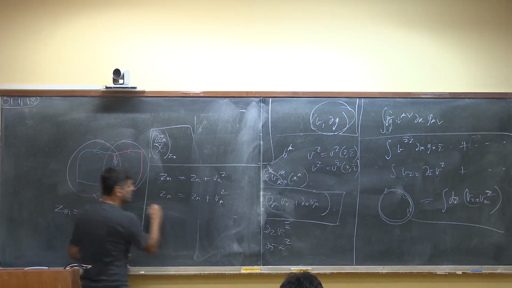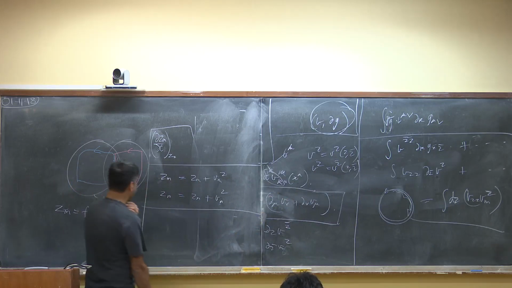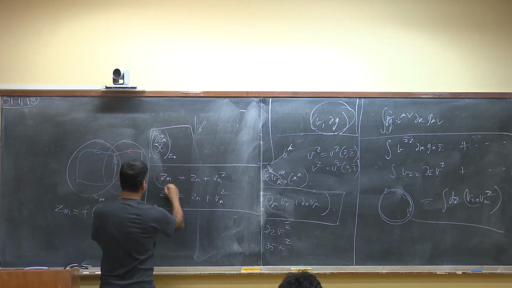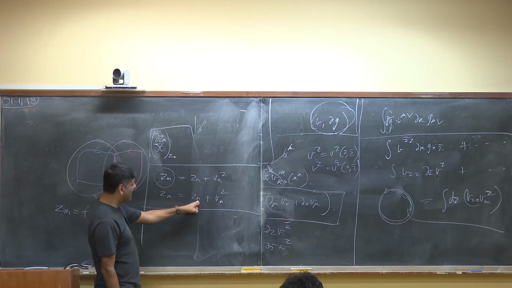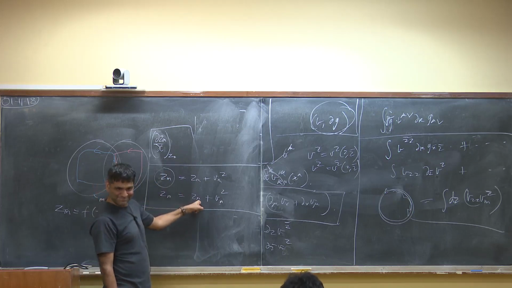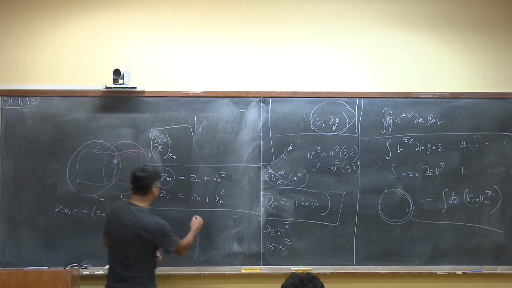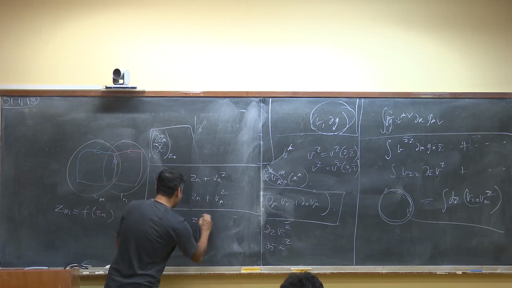So what do I have to do? I want to see what Zm is when evaluated at Zn.